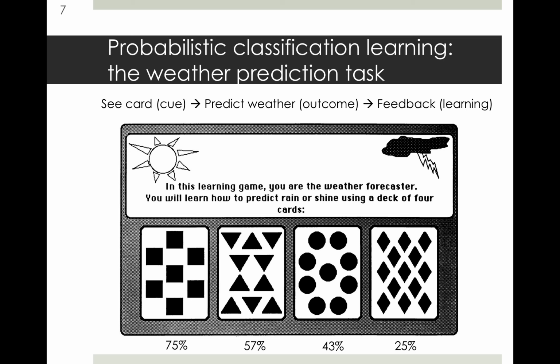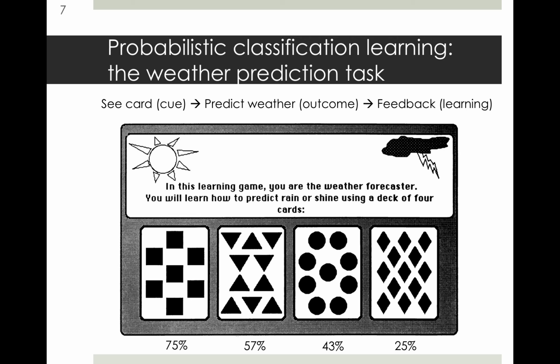And so over time, people tend to become sensitive to these different probabilistic distributions. Right? So if 3/4 of the time this card shows up, it's supposed to be sunny, whereas only 1/4 of the time this card comes up, it's supposed to be rainy, people's responses will start to show sensitivity to that, right?